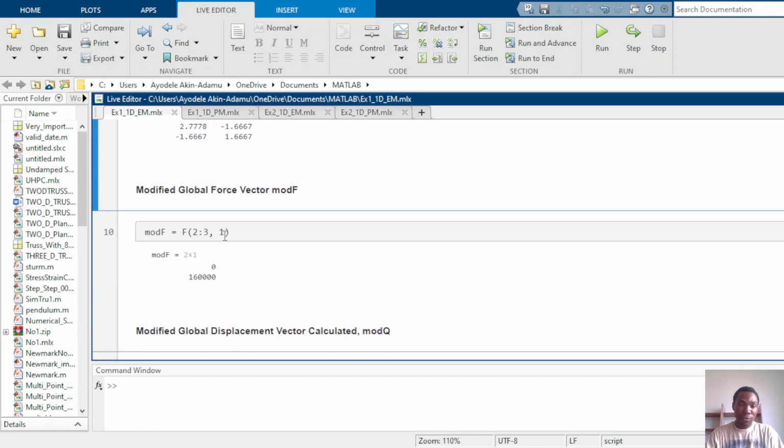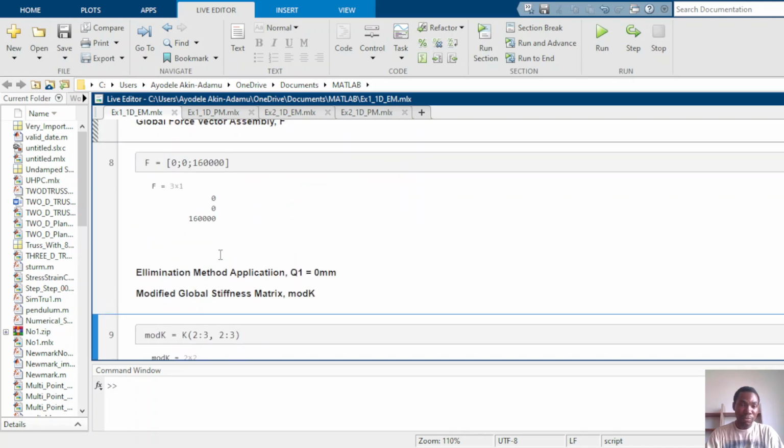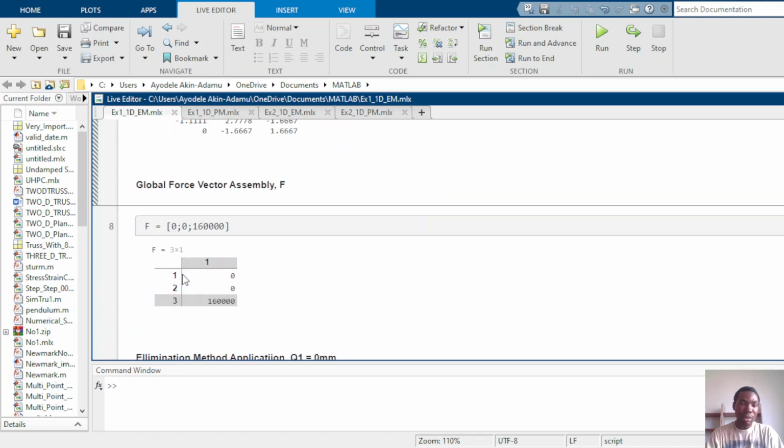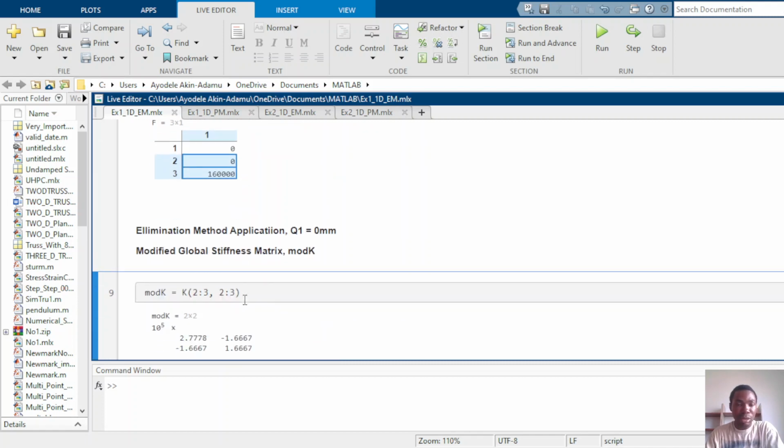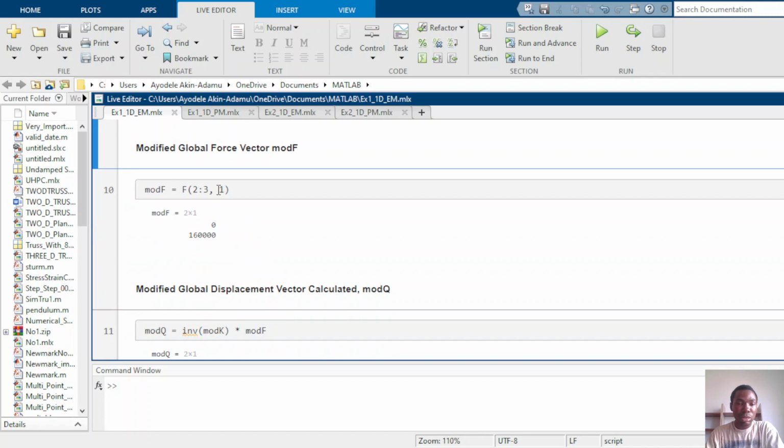Now we need to modify our global force vector. The same way, we need to eliminate this first row. So we eliminate this first row, and only the elements in rows 2 and 3 remain, that is 0 and 160,000 Newton. So you do it like this.